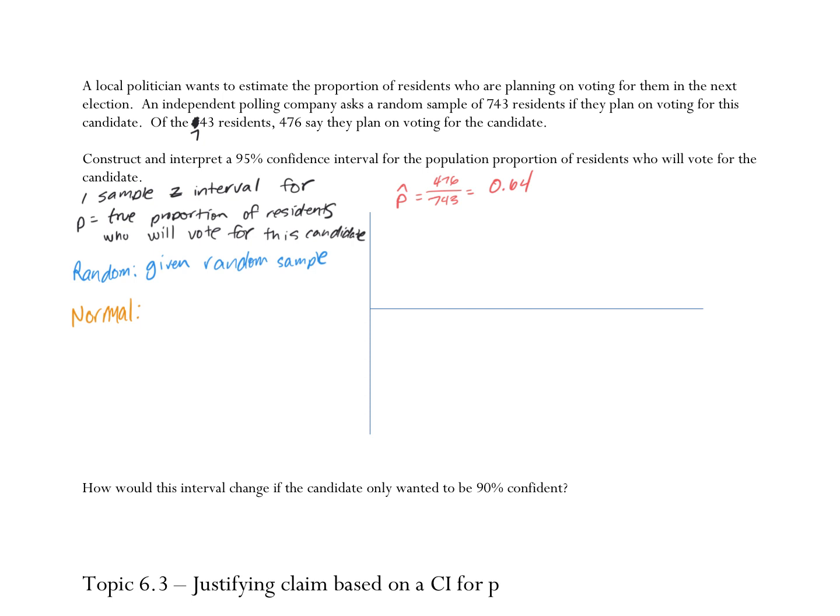If n times p hat and n times 1 minus p hat are both at least 10. All right. So we're going to do 743 times 0.64, and 743 times 0.36.